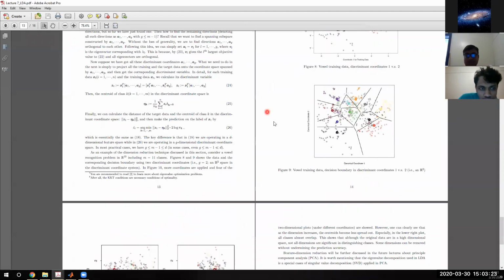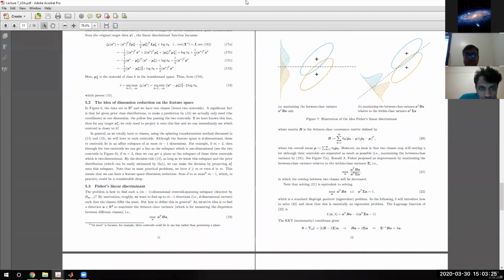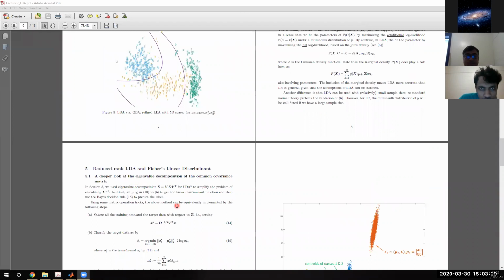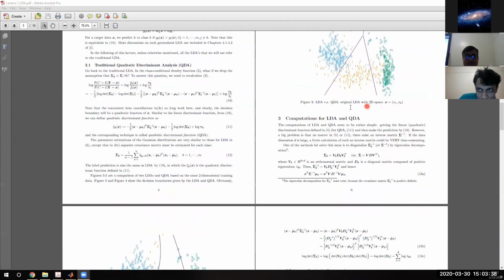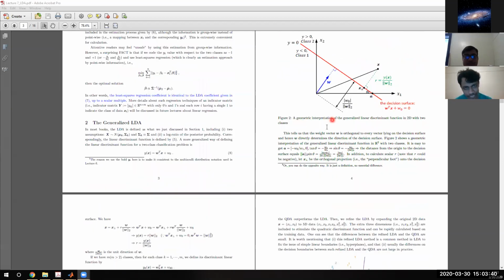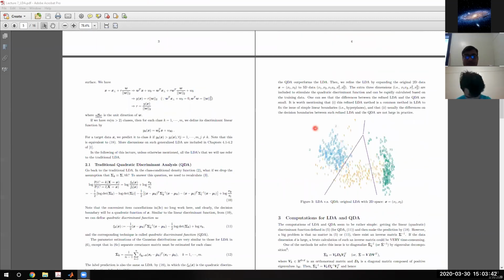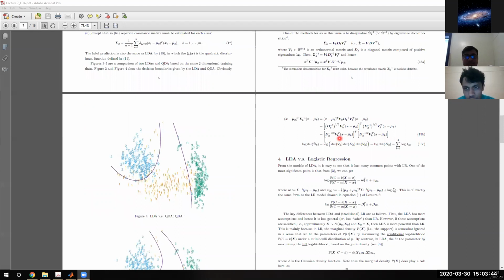Okay, so let's have a very brief review about the feature dimension reduction section about LDA. As we mentioned, in the eigenvalue decomposition part, we can actually make it to this form, right?